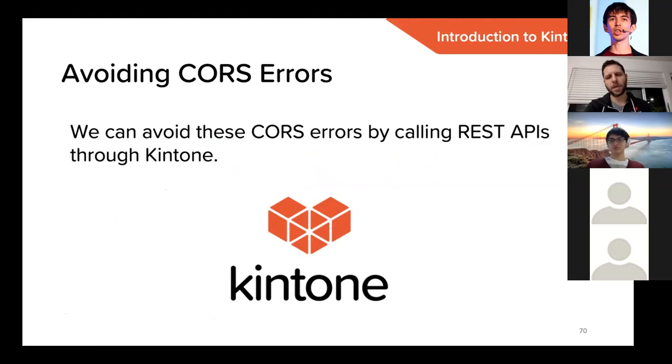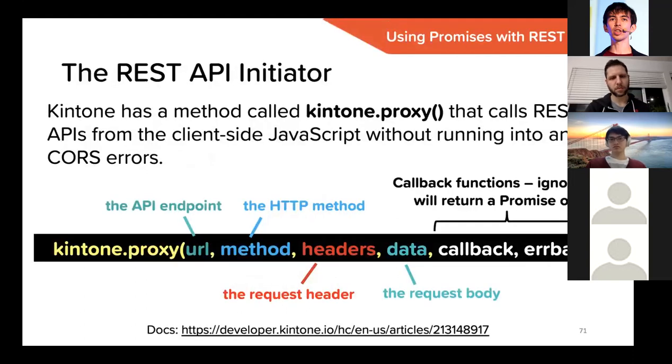So what we need to do to avoid these errors, because what will happen is if we try to do that, we'll get an error, is we need to call the REST APIs through Kintone. That's why we have this Kintone proxy method.